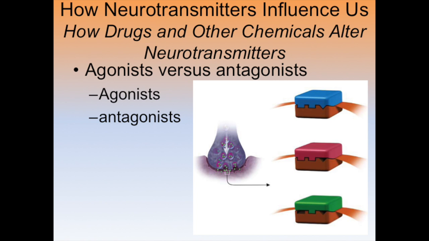An example of this would be Botox, because it actually blocks the muscle's ability to be stimulated and to move. Other antagonists are enough like the neurotransmitter to occupy its receptor site and to actually block its effects. So it tricks the neuron into thinking that it is that neurotransmitter, and it actually binds the receptor site so that the real neurotransmitter can't bind. So it's interesting there.